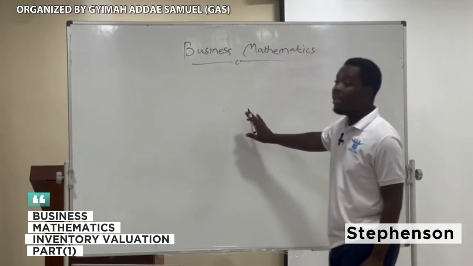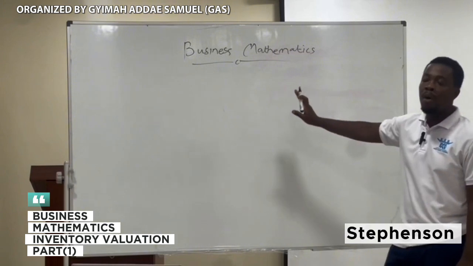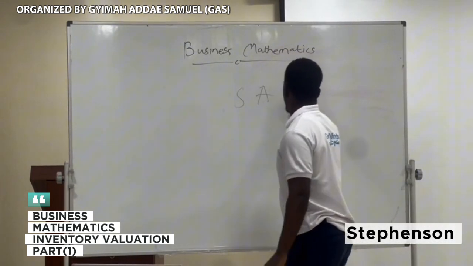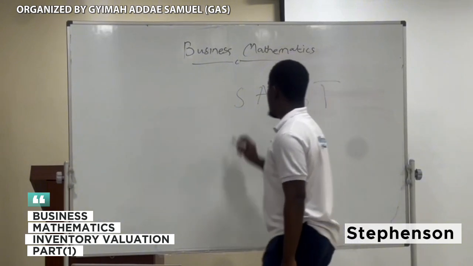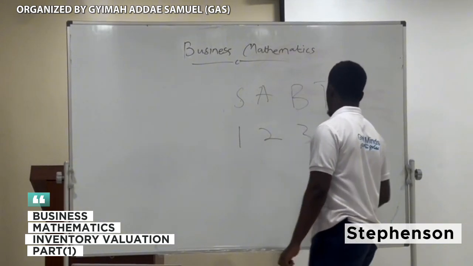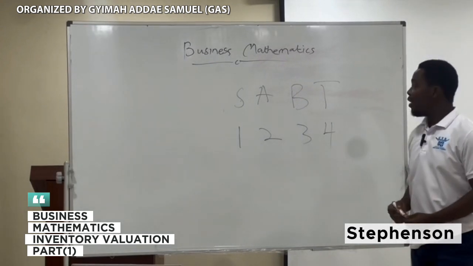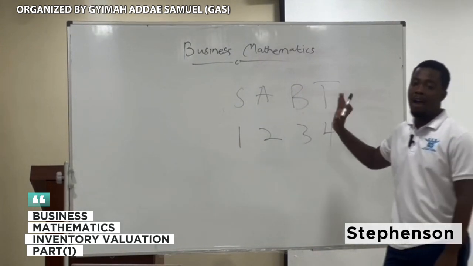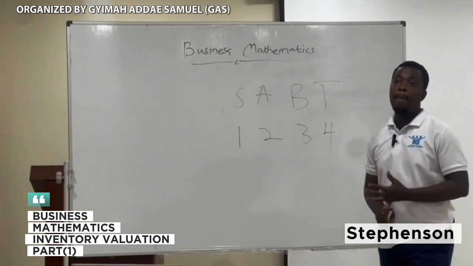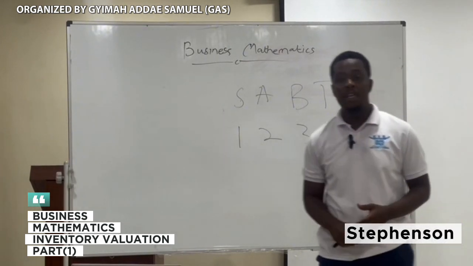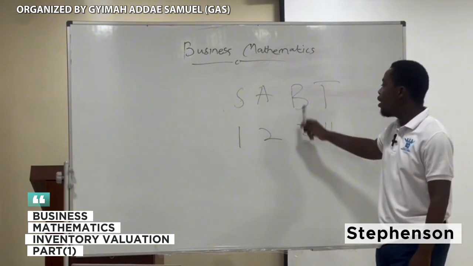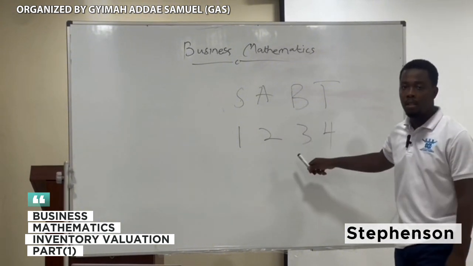So they will have something like SABT, then under S, they will have something like 1, 2, 3, 4. They have coded it in a way that only the CEOs, employees and managers can decode this information.